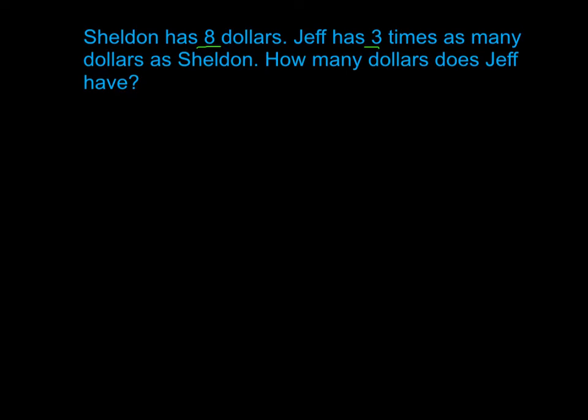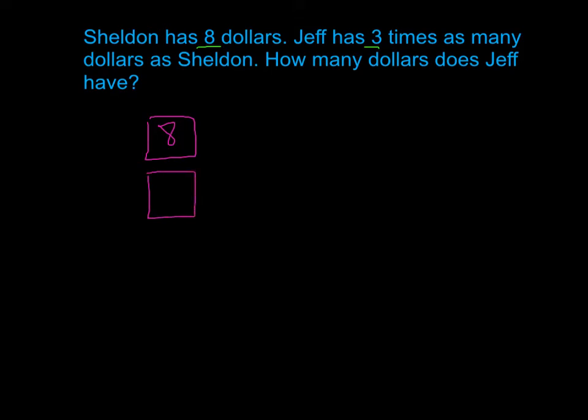So if Sheldon has $8, we're going to go ahead and draw our model here. Sheldon has $8 and Jeff has 3 times as many dollars as Sheldon. So we're going to draw Jeff's dollars here.